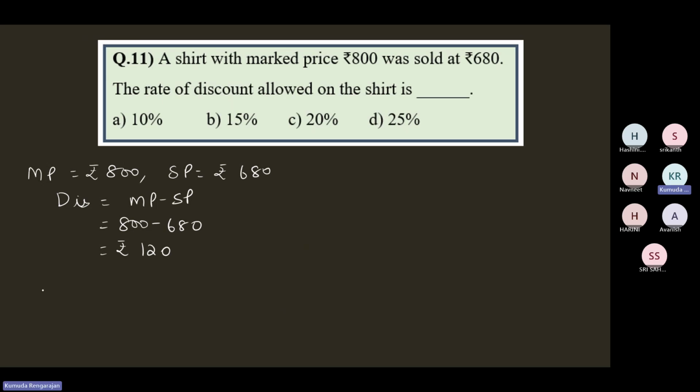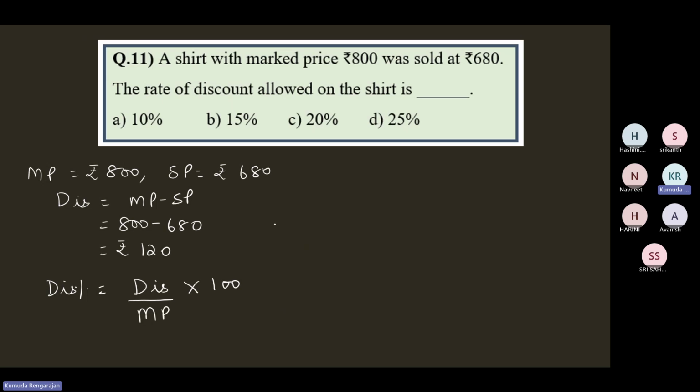Rate of discount means the discount percentage. Rate means percentage. Whenever we are finding a percentage, you have to multiply a fraction by 100. Because you're finding discount percent, the fraction is discount by mark price, since discount is always calculated on the mark price.